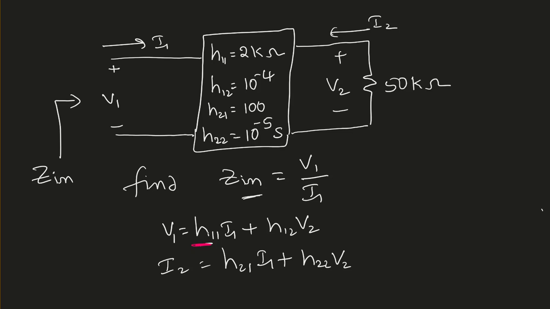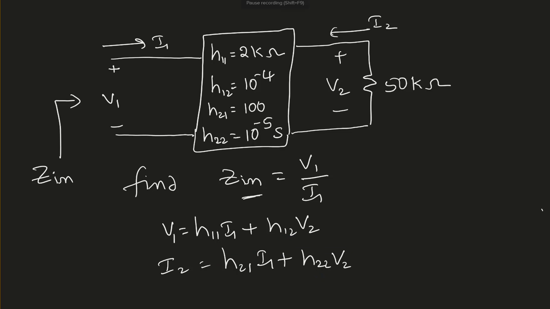H12 is open circuit reverse voltage gain. H21 is short circuit forward current gain, and H22 is open circuit output admittance. Those are the H parameters.